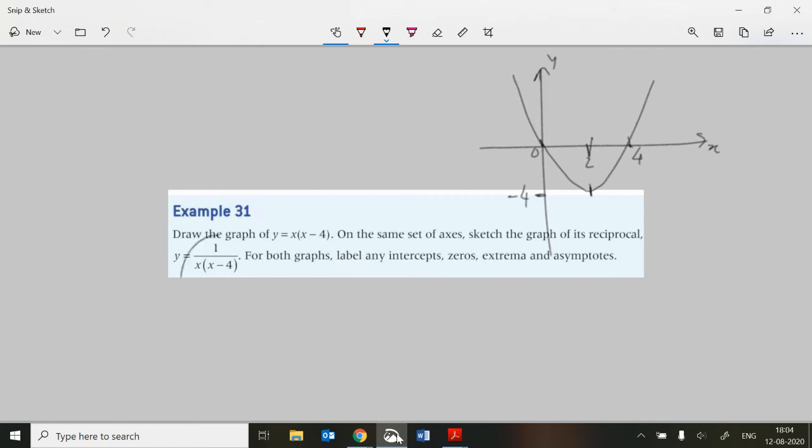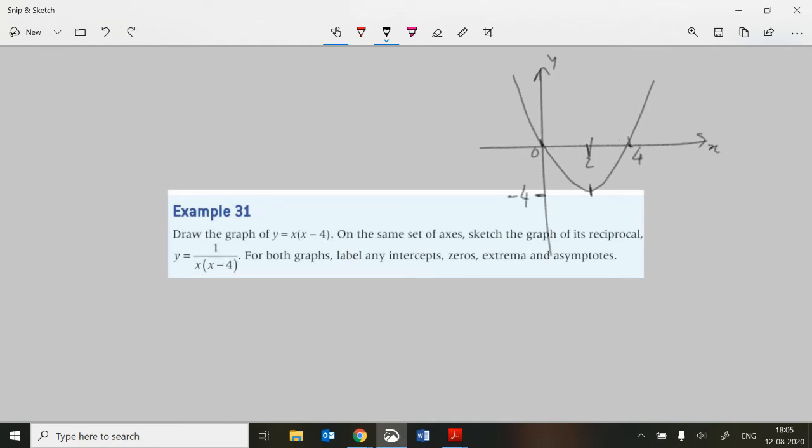Now we need to draw this one here, and so to draw that we just need to think about what we're doing: 1 divided by. So let's think about that to start off with, we can't obviously divide by 0. So we've got a 0 here and a 0 here.